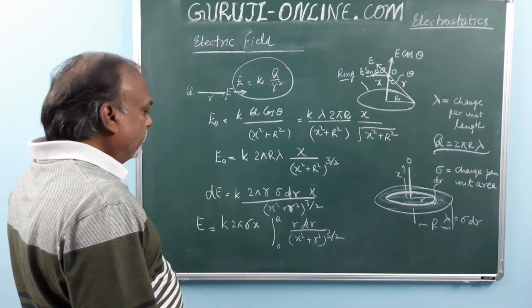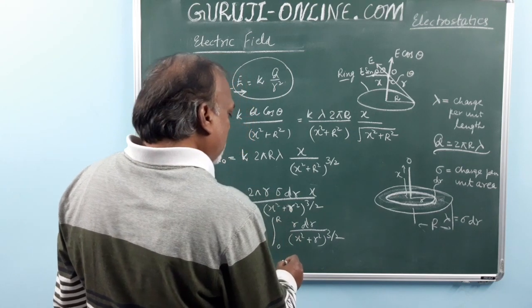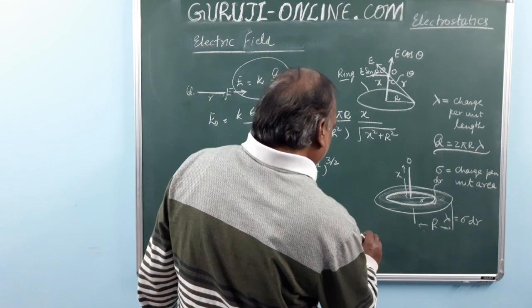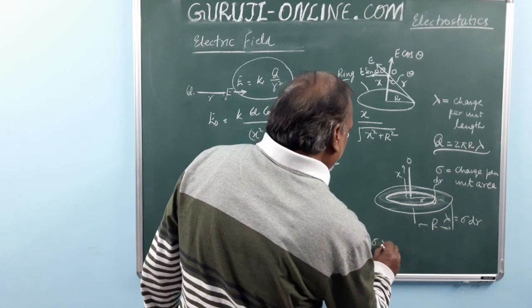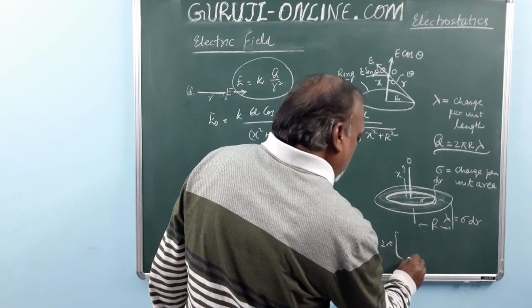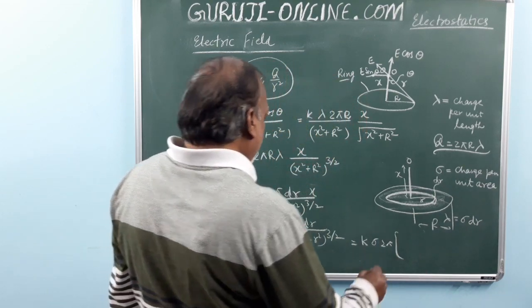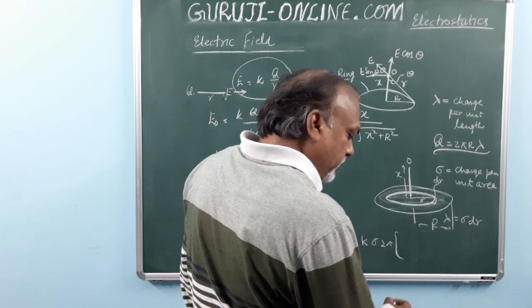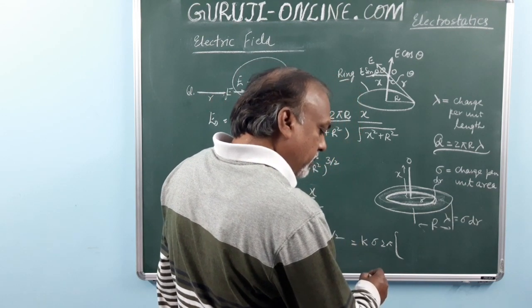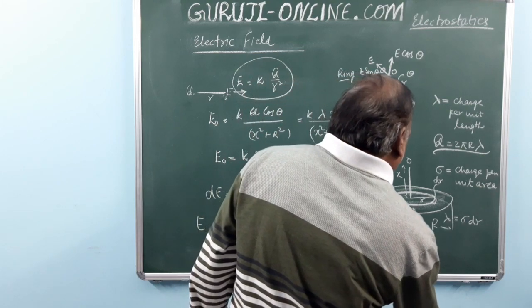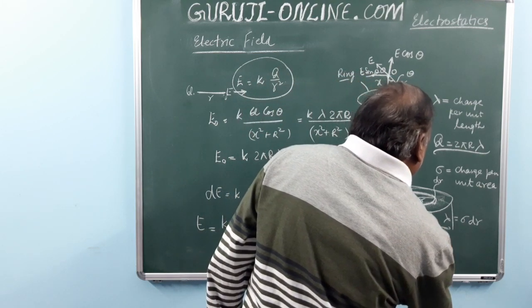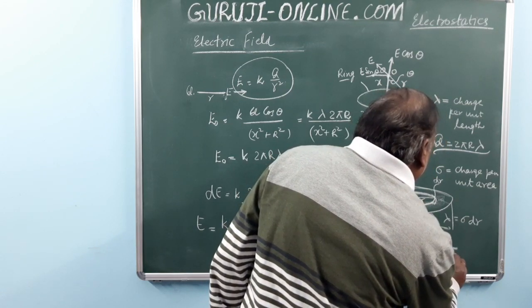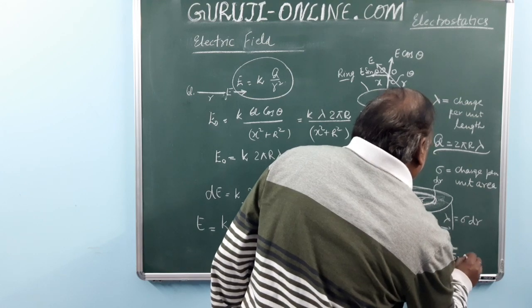Correct. Now when you solve this, it will come as K sigma 2 pi into 1 minus x upon root x square plus R square.